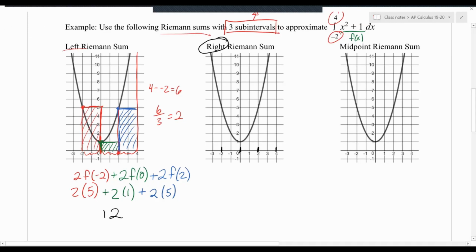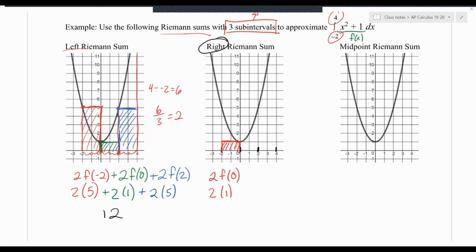But in this first rectangle, instead of using the left part, we're going to use the right part. So we're going to go at 0, and our first rectangle is this short. So we have, again, our base is 2, but we're using the right side, so f of 0. So that's 2 times the height here, which is 1.